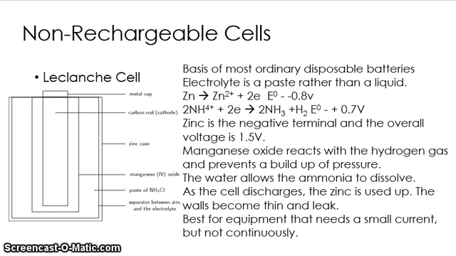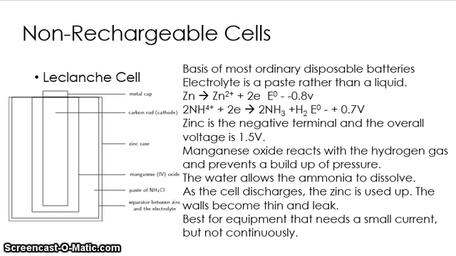It's similar to the Daniell cell in that it involves zinc, but the difference is the electrolyte is a paste rather than a liquid, and this is important because it means it's less likely to leak. So if you do get a compromised outer casing, you're less likely to have a leak of the corrosive liquid.